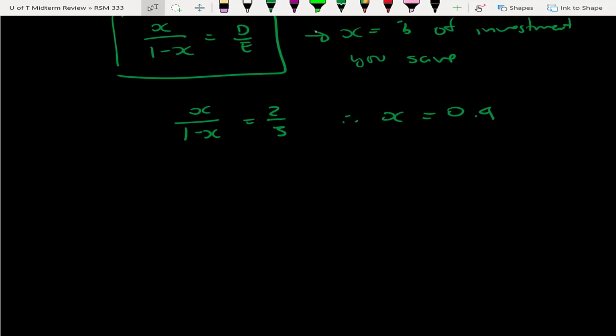So what we would do is you would save 0.4 times $1,500. Okay, so that is $600. And you would invest the remaining $900 in shares.